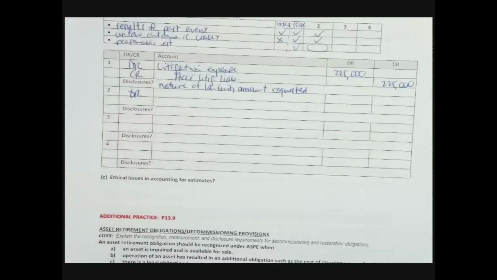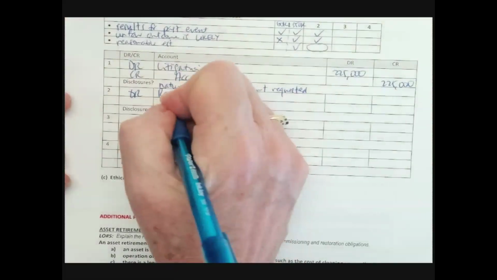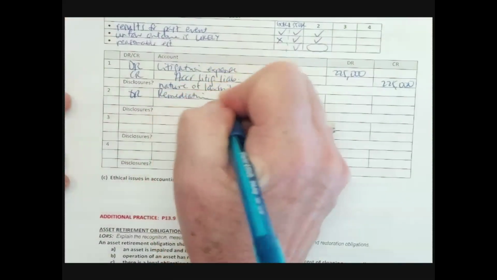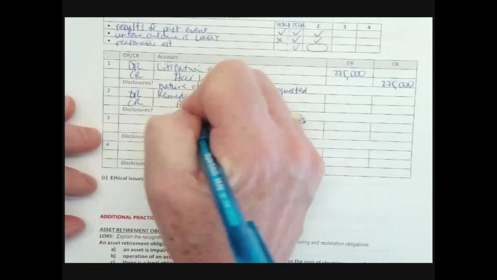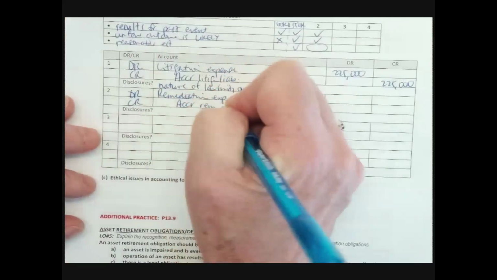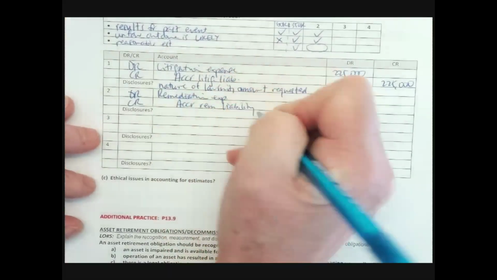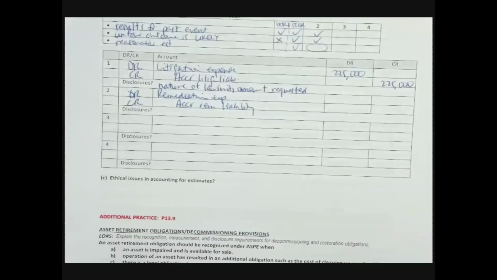Debit. What did I call it in the solution? I called it remediation expense. Accrued remediation liability. You could just say accrued liability.